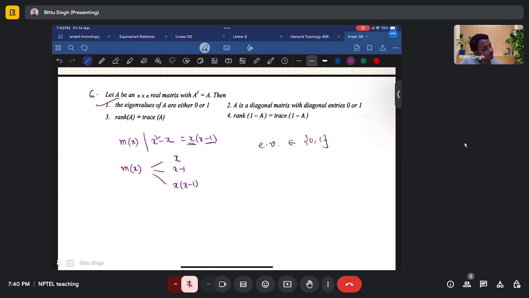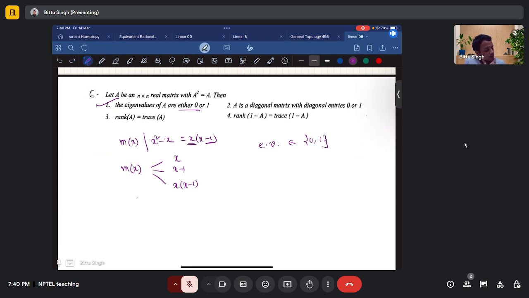A is a diagonal matrix. The eigenvalues may not be all of 0 and 1, but can be one of those two or both. For example, here 1 is not an eigenvalue, here 0 is not an eigenvalue. So those cases may occur. So it is a subset of {0, 1}. Now A is a diagonal matrix with diagonal entries 0 or 1.